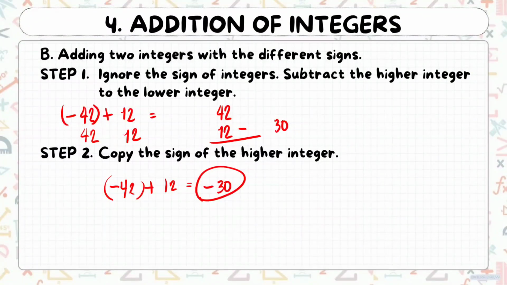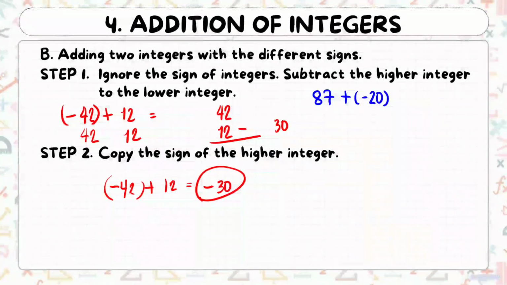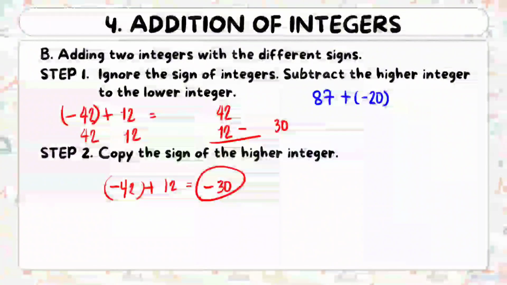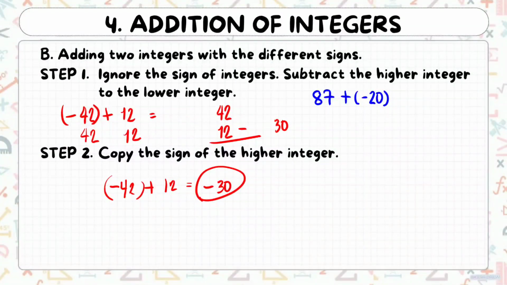Let's have another example. Let's have 87 plus -20. The higher number is 87. The lower number is 20. So we're going to have 87 minus 20, and the answer is 67.